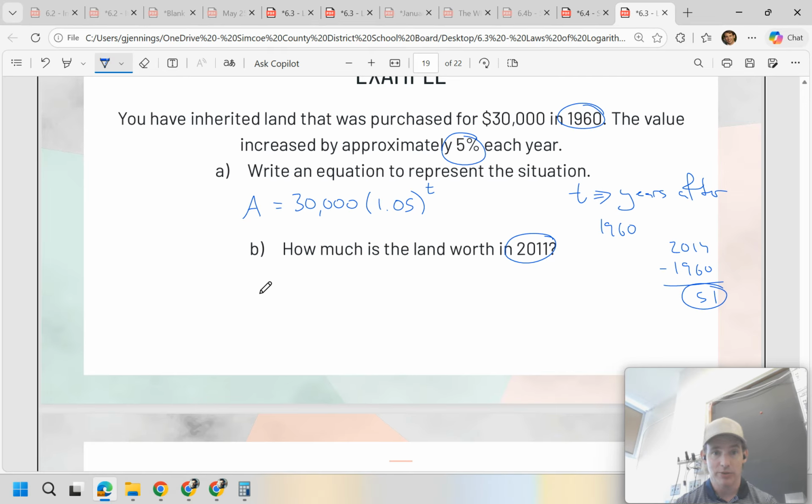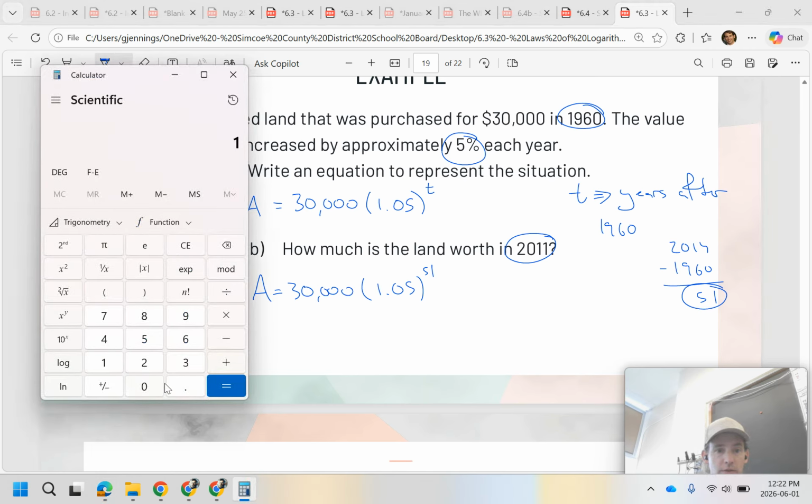All right, so now we say the amount is equal to $30,000 multiplied by 1.05 raised to the 51. That's for sure a calculator problem. How did people do this before calculators? I don't know. Something with slide rules, probably. But what would that even look like? I don't know.